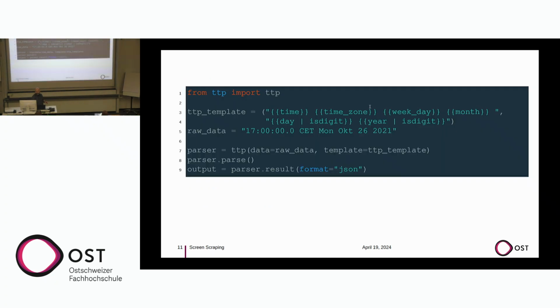If you look here, this is more or less Jinja syntax with filters. Of course now we have different filters, like we can say day is a digit, year is a digit, and now this will then be a regex in the end. So what this library does, it takes this file or this template here and generates a regex out of it.